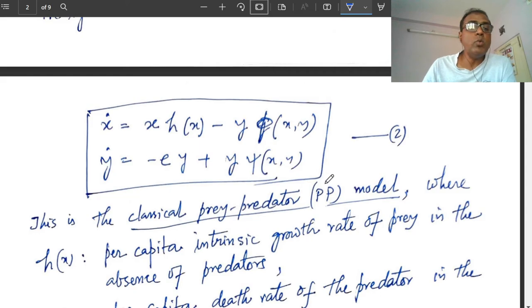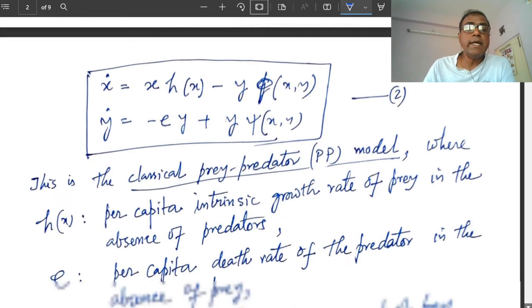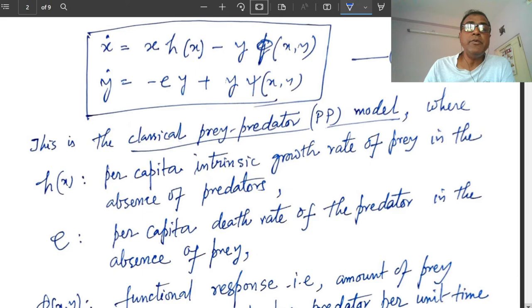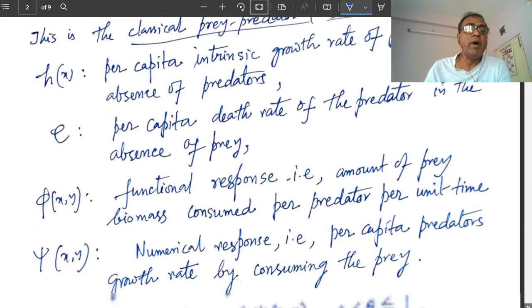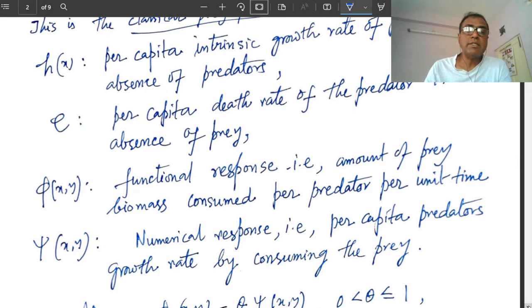This system 2 is the classical prey-predator model where h(x) is the per capita intrinsic growth rate of prey in the absence of predators, and E denotes the per capita death rate of the predator in the absence of prey, and the phi function denotes the functional response, that is the amount of prey biomass consumed per predator per unit time.